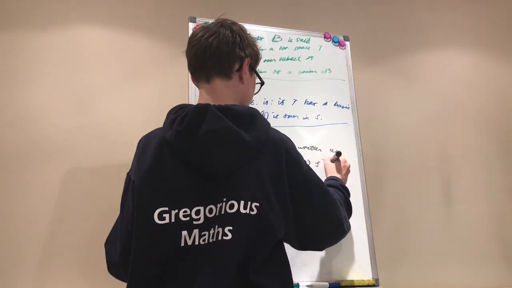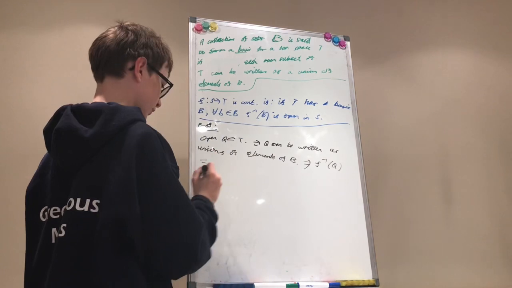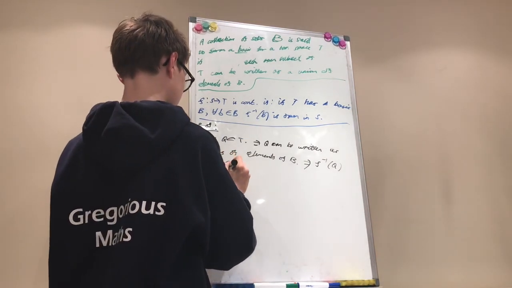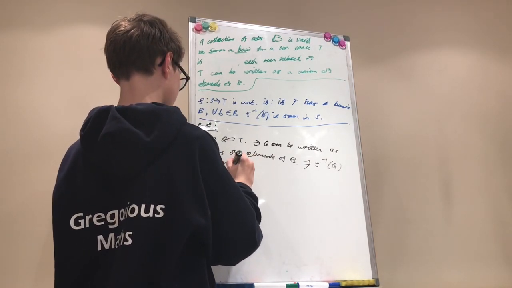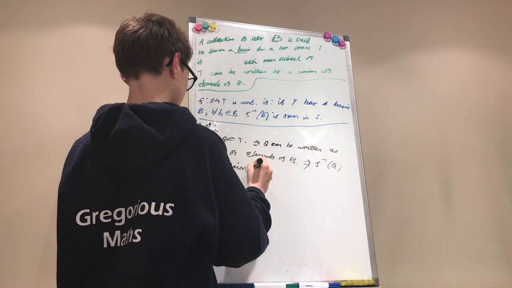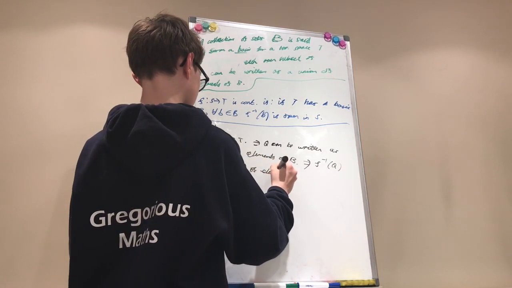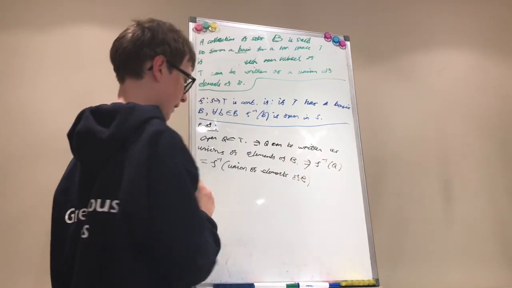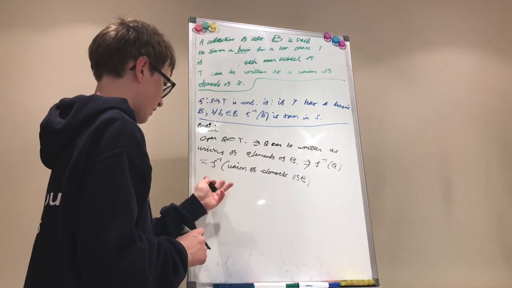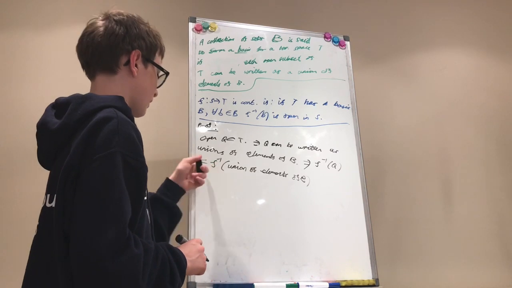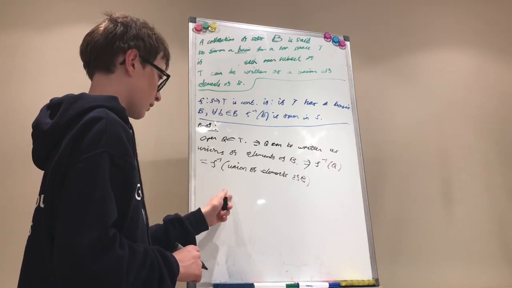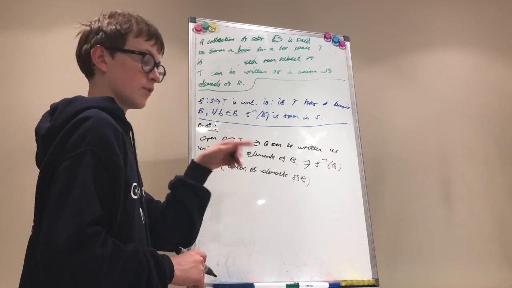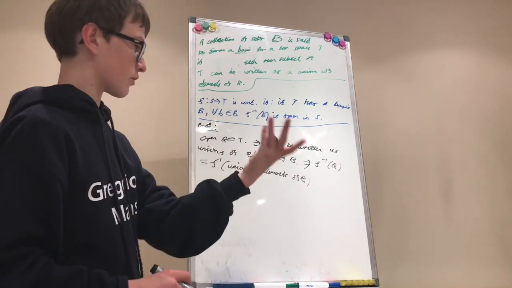Therefore, the preimage of Q is equal to the preimage of the union of elements of the basis, which is equal to the preimage of one element of the basis, union the preimage of another element of the basis, et cetera.